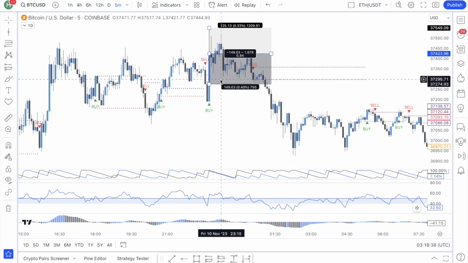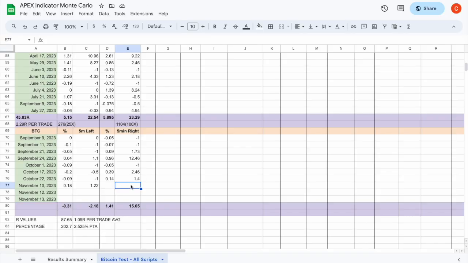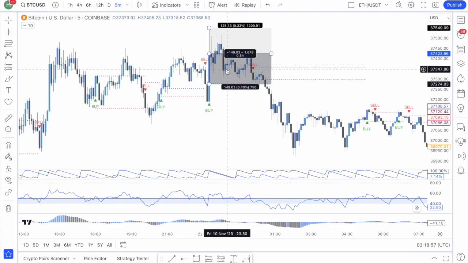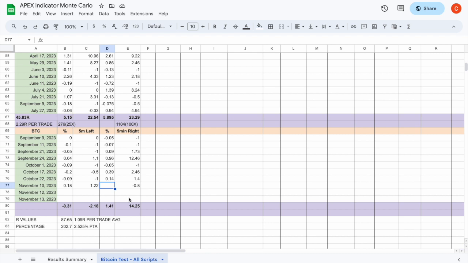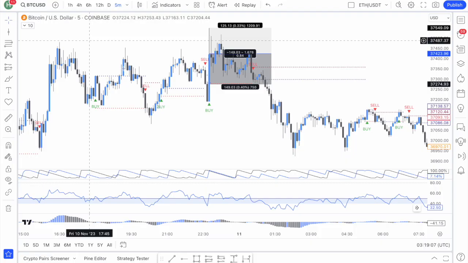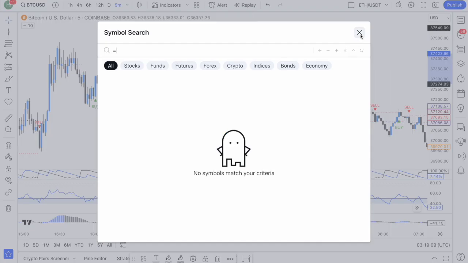So that would have been minus 0.8 on the R value. And then what's 40 divided by 8? I can't even think of it right now. 5. So minus 0.35. All right, and so on to November 12th. So we got November 12th and 13th.